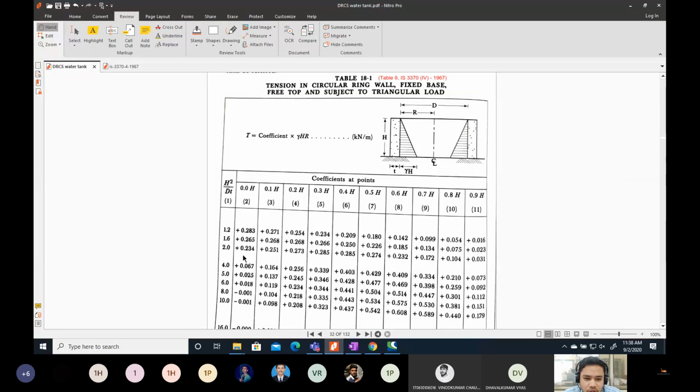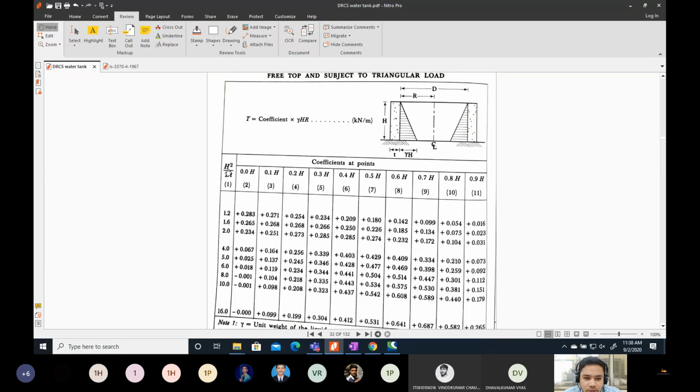So for different h square by dt ratio, where h is the height of the tank, d is the diameter, and t is the thickness of the walls, you can have these coefficients for different heights of the wall. Say for example, 0h, then 0.1, 0.2, 0.3 up to 0.9h. These coefficients are given.